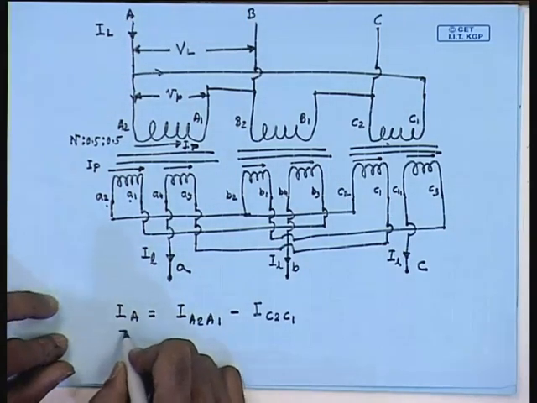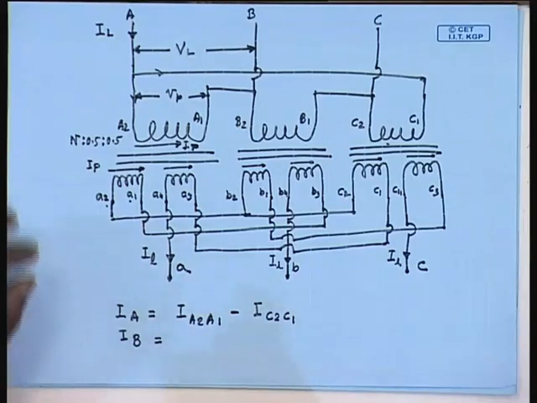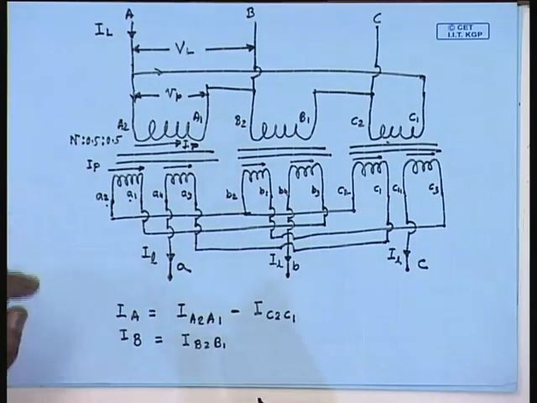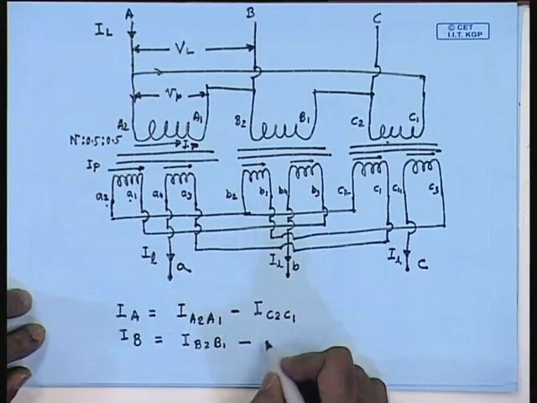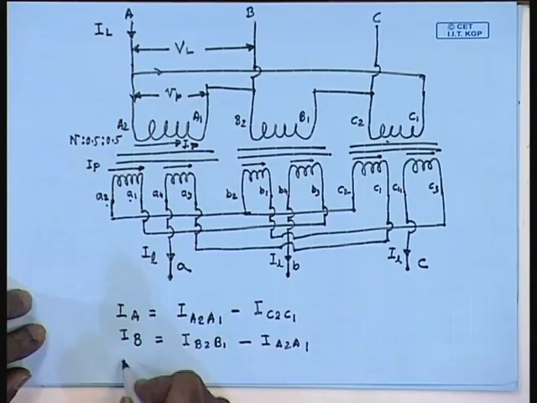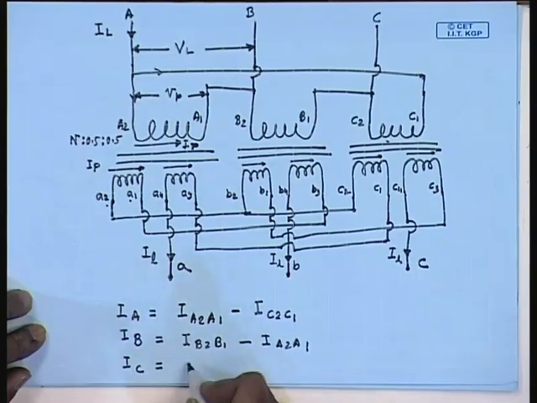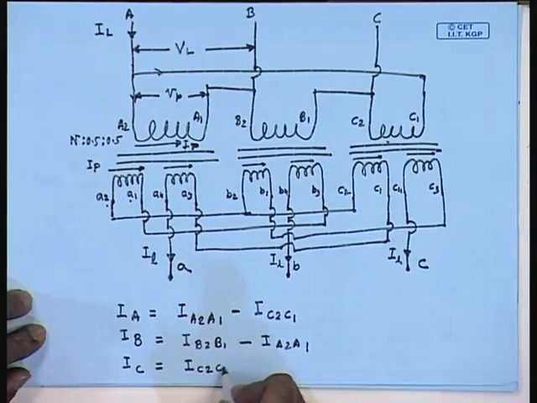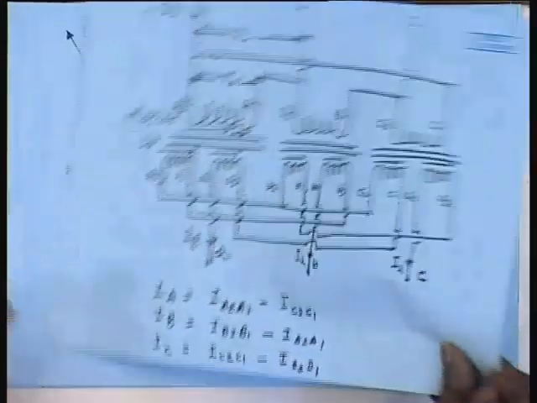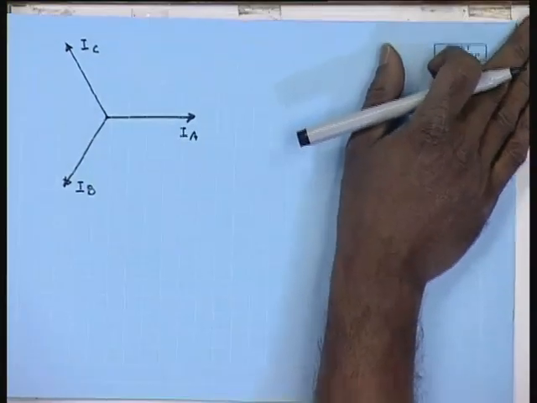Similarly, line current I_B equal to I_B2B1 minus I_A2A1, and I_C equal to I_C2C1 minus I_B2B1.